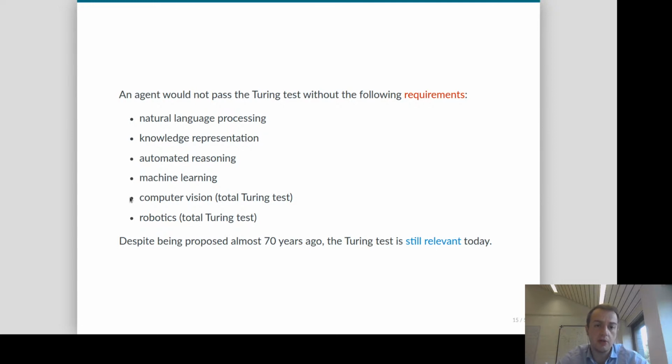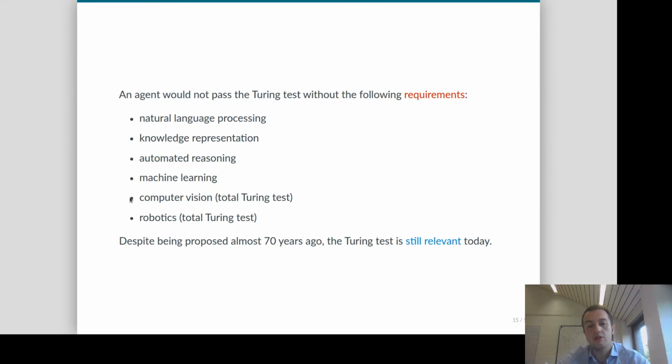Of course, it should be able to have some kind of knowledge representation, because, for example, the operator would like to ask questions which will involve some facts or knowledge that we have to represent in some way. Also, this machine should be able to reason, because you could describe a story to the machine and then ask a question which would involve reasoning.